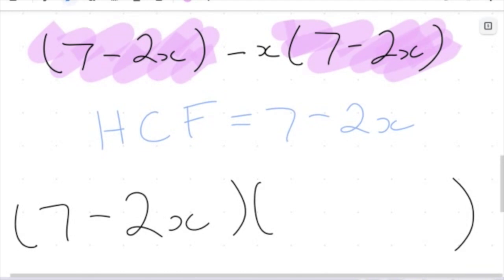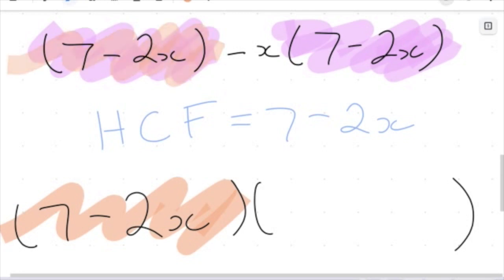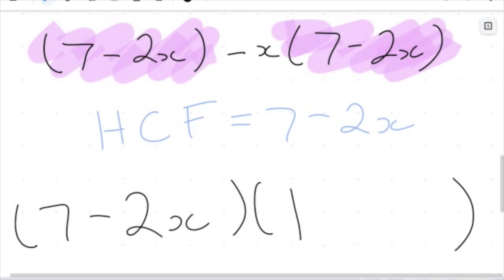I don't know what 7 minus 2x is, but how many times does it, 7 minus 2x, go into itself? How many times does any number go into itself? Well, it goes into itself one time. So we can think of 7 minus 2x being the same as 1 outside of 7 minus 2x.